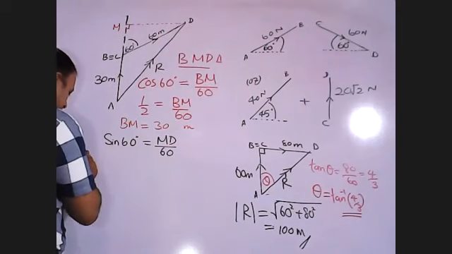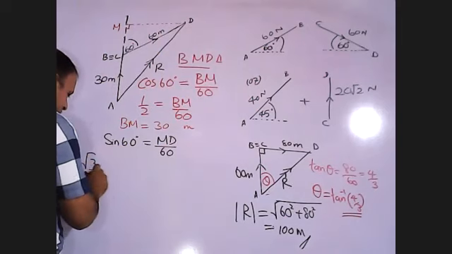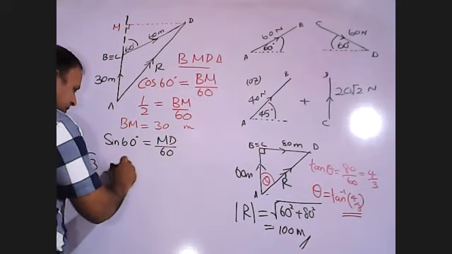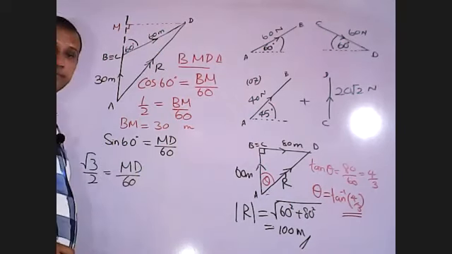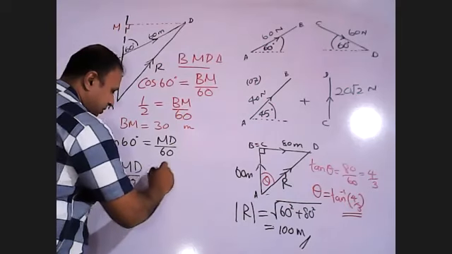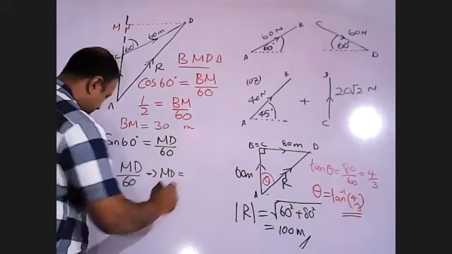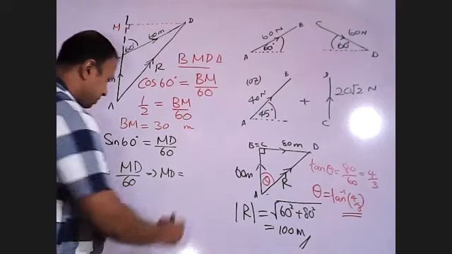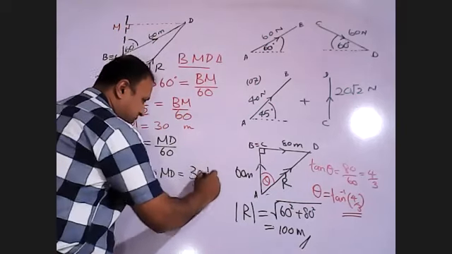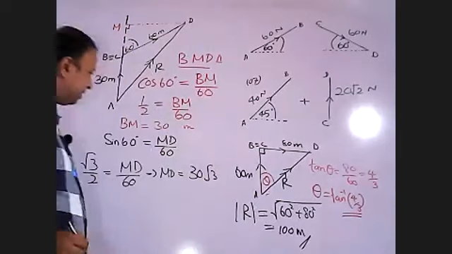Sine 60 is equal to root 3 over 2, which is equal to MD over 60. That means MD is equal to 60 times root 3 over 2, which means 30 root 3 meters.